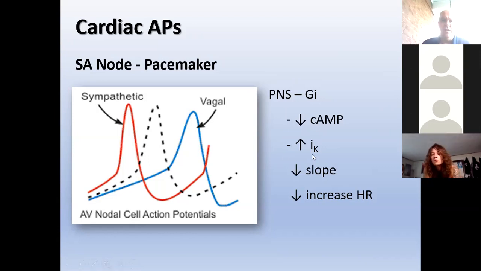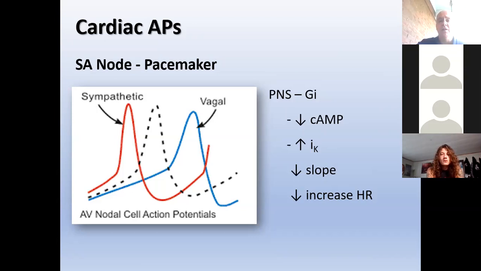And then, by the way, this funny current, maybe I should go back and explain that a little more. The funny current is these weird channels that are activated by cyclic nucleotides. So often when we talk about metabotropic receptors affecting currents, it's because they're activating cyclic AMP, which is activating the protein kinase and phosphorylating channels.